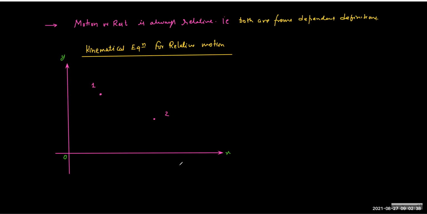So a frame, as I always say, is a kind of tool which allows you to write something. And if there is no frame, then what will happen? Then you have to express everything in literature. That's the problem. Yeah, tell me. Sir, how will we express in literature? You will say that particle one is moving, and that's it. But that will not make much sense, right?